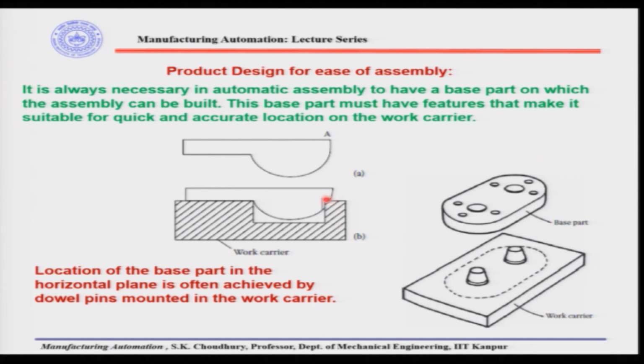As you understand, without this ledge or without this alteration in the base part, the base part will be unstably located on the work carrier, because any force imparted here will rotate it on the edges.